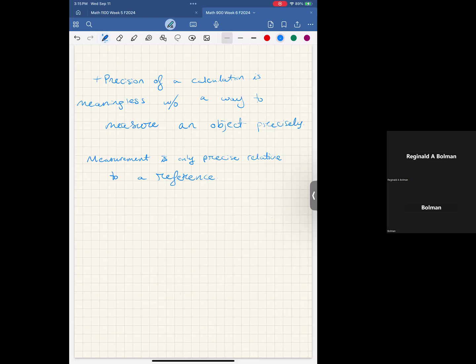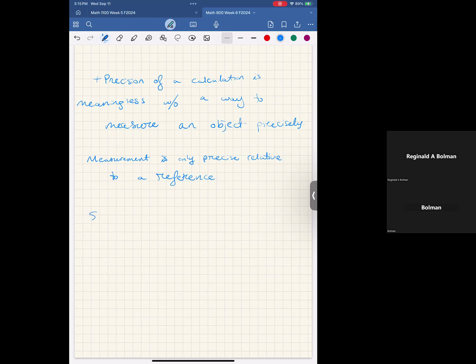And so what I mean by this is if we wanted to measure an inch out, exactly 1 inch, well, the precision of 1 inch is relative to our ability to measure a foot, since there are exactly 12 inches in a foot. Or said another way, you would take a measuring stick that's exactly 1 foot long, you would cut it into 12 equal pieces, and you would take one of those pieces, which would then represent an inch.